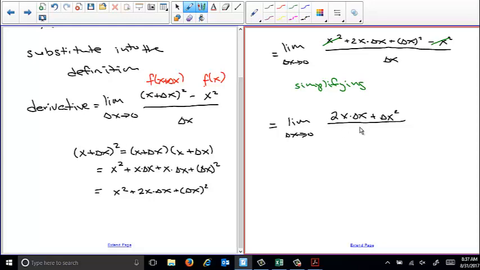So we're actually simplifying at this point. Okay, now we're going to cancel out delta x in numerator and denominator.